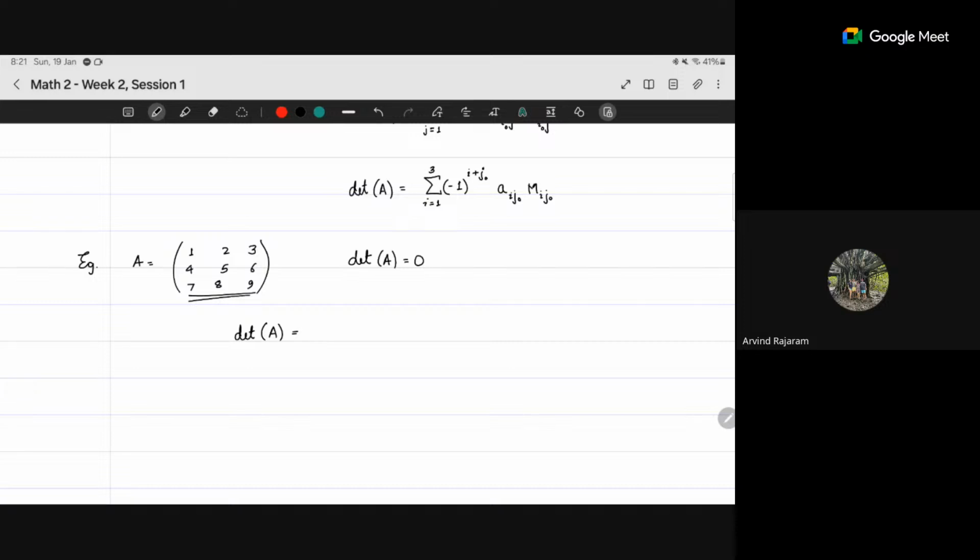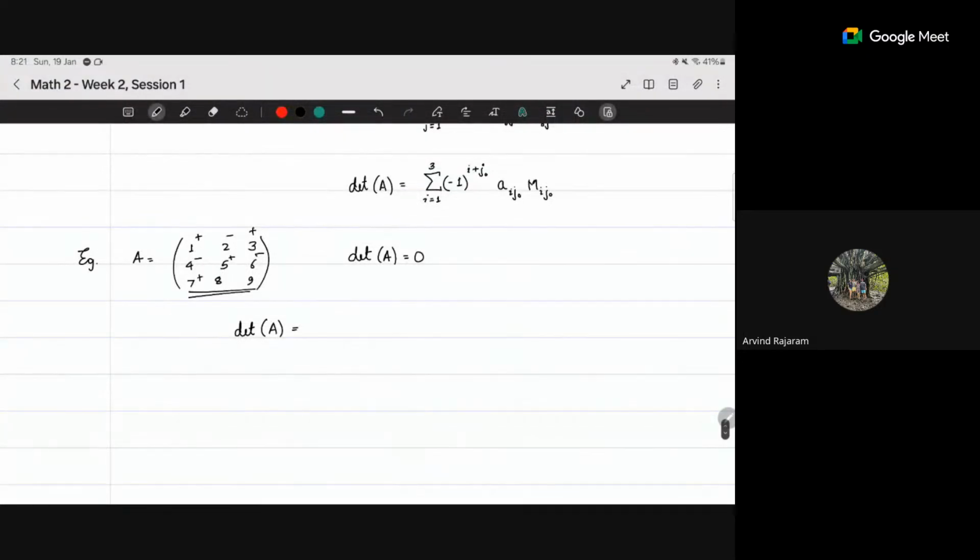When we're doing a column, we'll probably do the second one. So over here, the signs that you have to attach to the entries are given by (-1) to the i plus j. You can remember this as plus, minus, plus, minus, plus, minus, plus, minus, plus. All right.